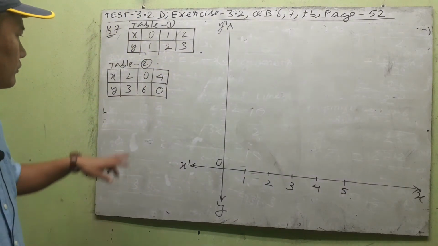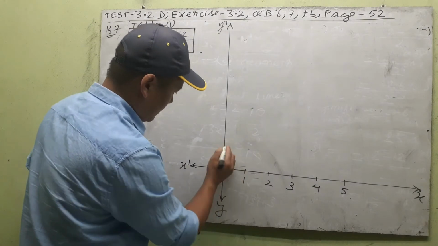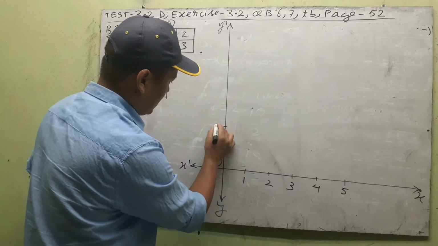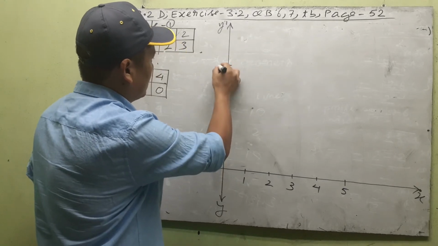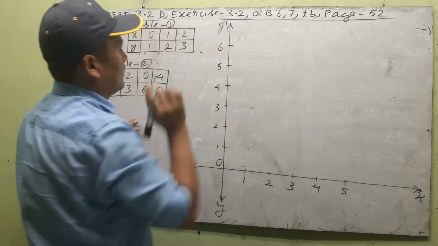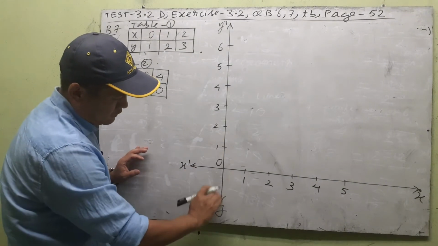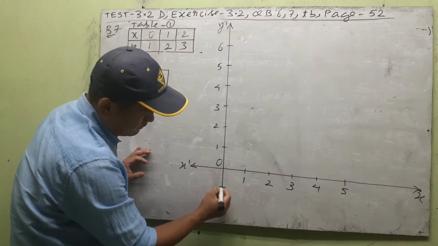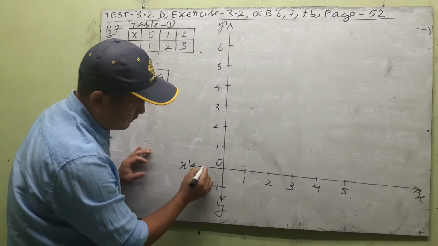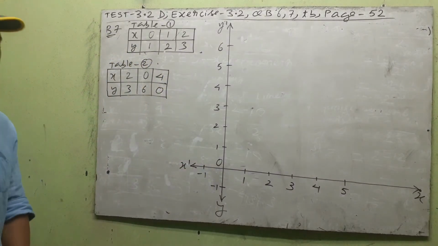The highest y value is 6, so we never go beyond 6. There is no negative value, but you can put 1 below the horizontal line, the negative values of y, so minus 1, and on the left side negative values of x, 1 value you can put just to show.